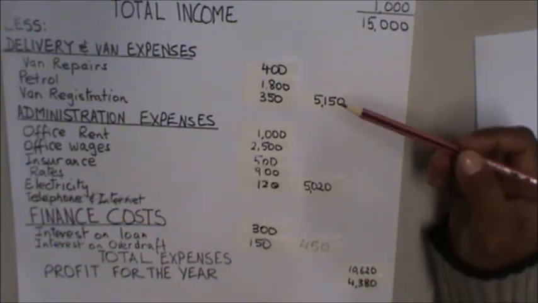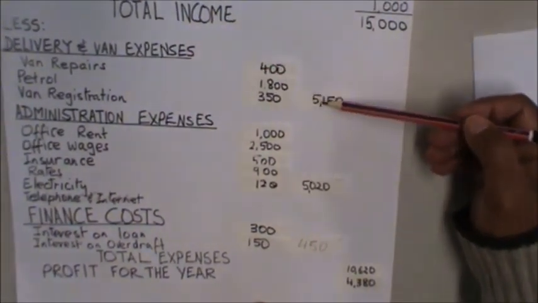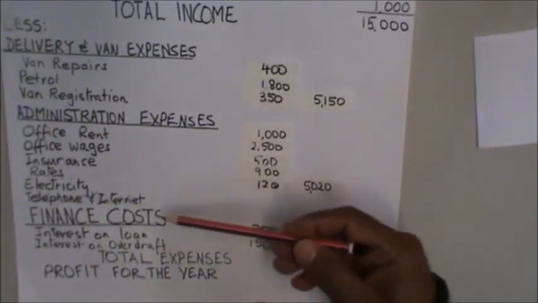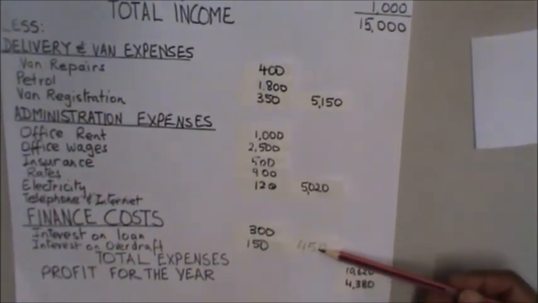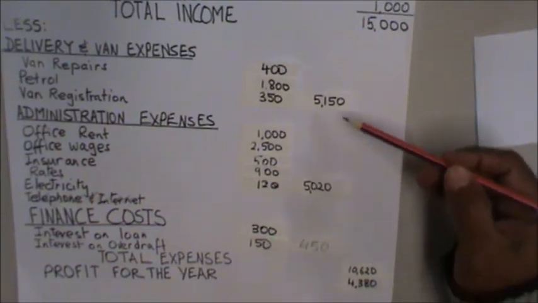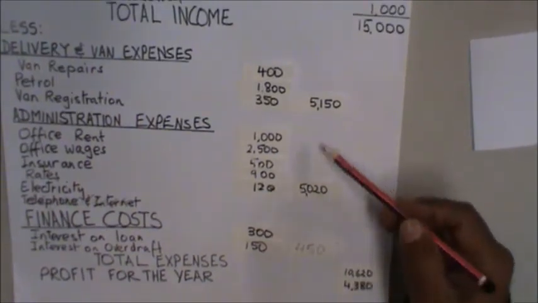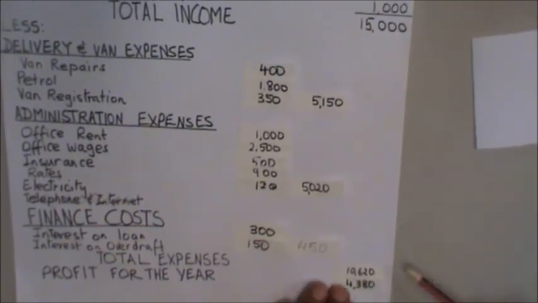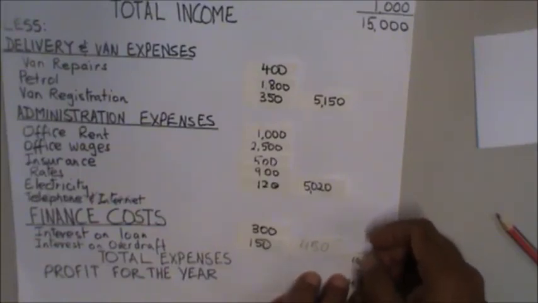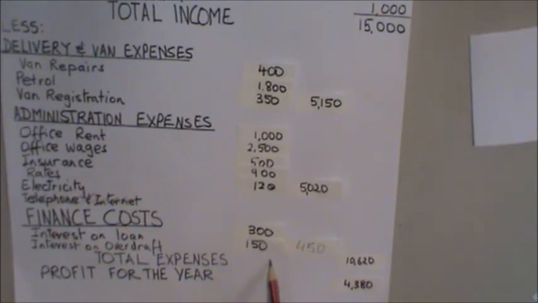So you can see that the total for delivery van expenses was 5150, administration expenses was 5020, and finance cost total is $450. So these are the three totals of the three categories. If you add them up, they come to $10,620, which is the total expenses.